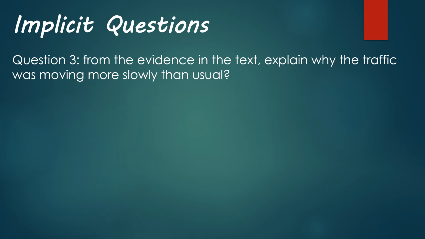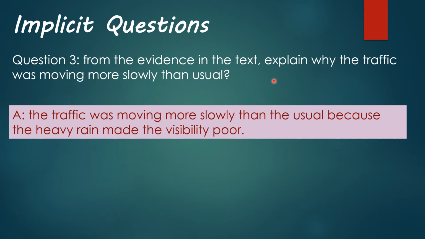Let's see an example of an implicit question. From the evidence in the text, explain why the traffic was moving more slowly. Look at this word why. So we have to suggest the reason. Some suggested answers are: the traffic was moving more slowly than usual because the heavy rain made the visibility poor.